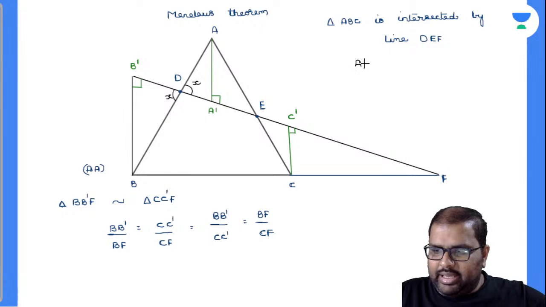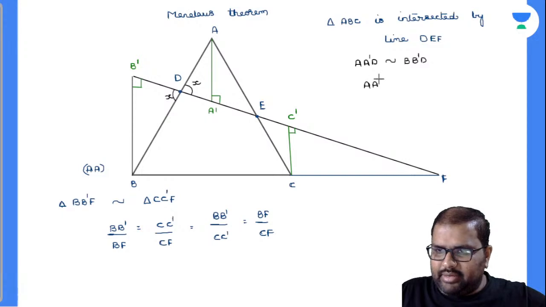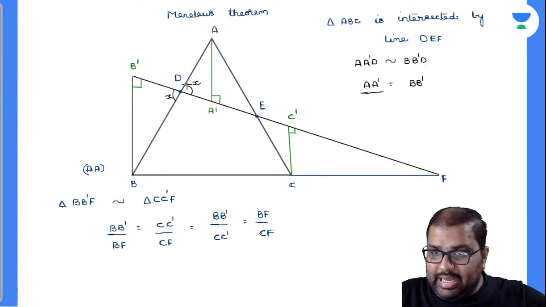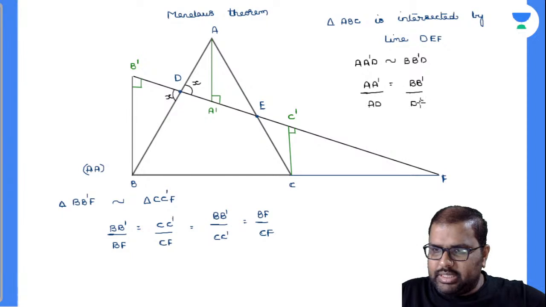So AA dash will be proportional to BB dash. Apart from that, AD and DB are the proportionate sides. By this I can write AA dash by BB dash is equal to AD by DB.